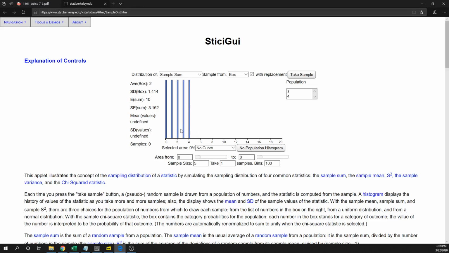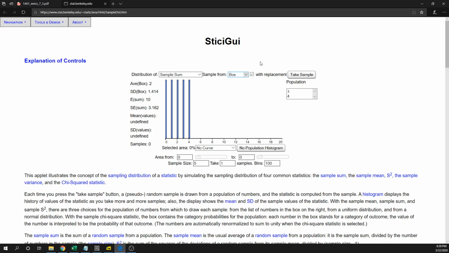Okay, all right, so what we have here is a histogram for some population. Over here you can see the values of the population. So the population has the possible values 0, 1, 2, 3, and 4.